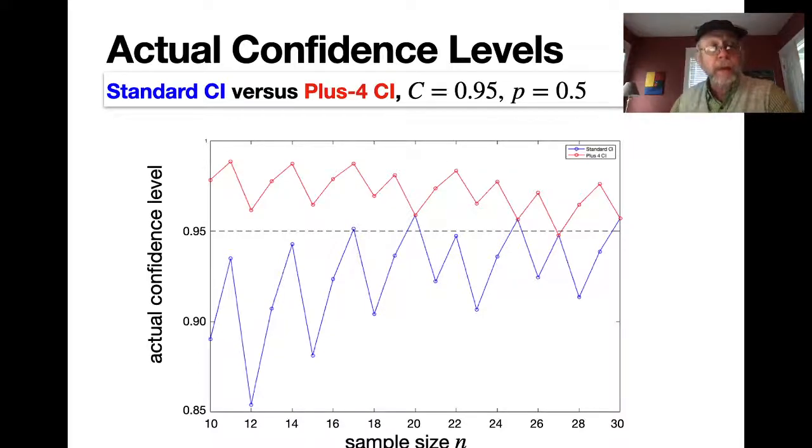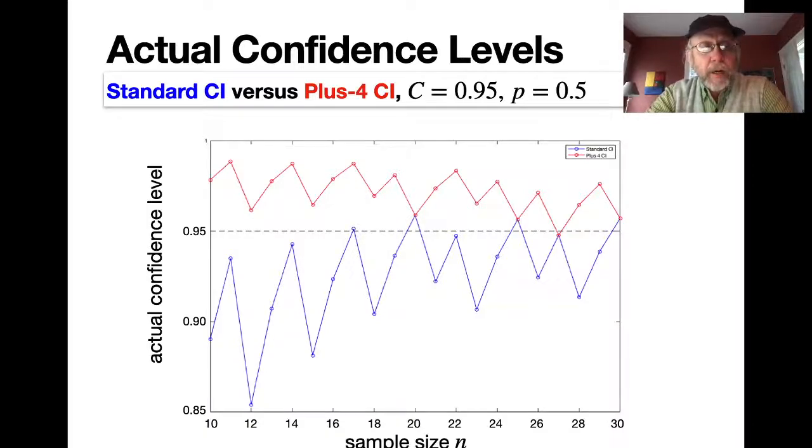But most of the time, the actual confidence level of the intervals computed by the standard procedure is less than the stated confidence level of 95%. The red curve shows the actual confidence levels of the plus 4 intervals. And as you can see, they're almost always greater than 95%.